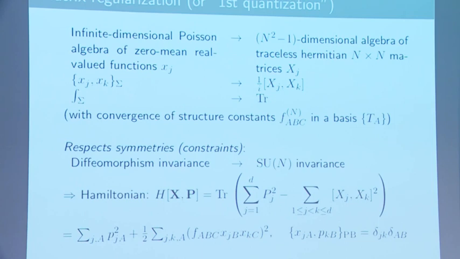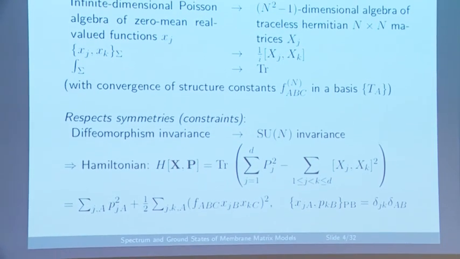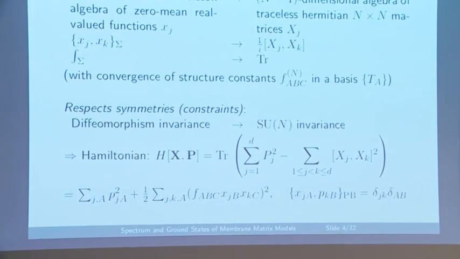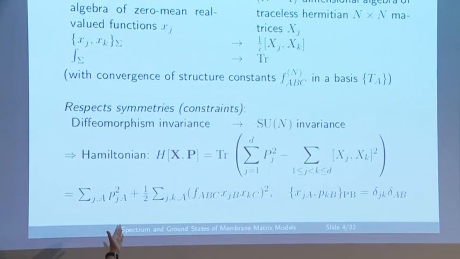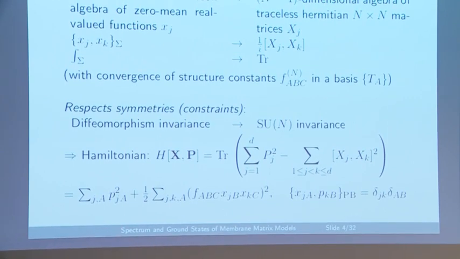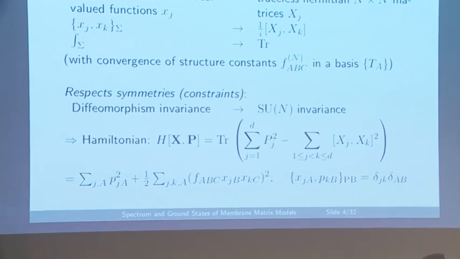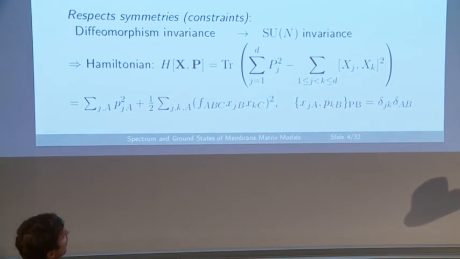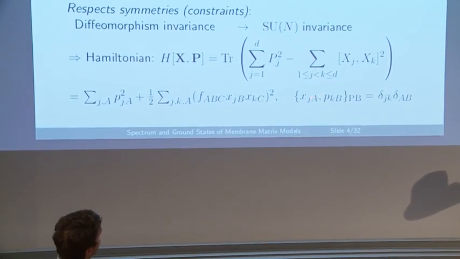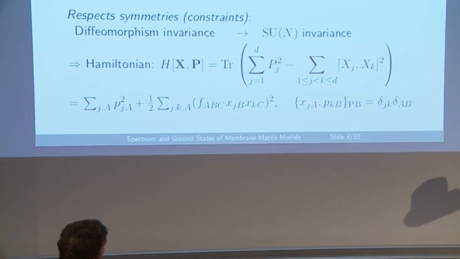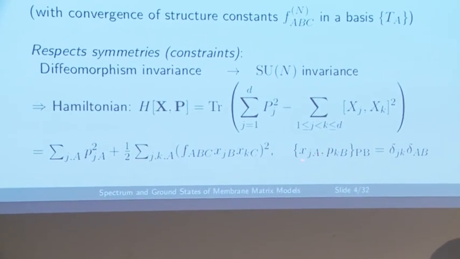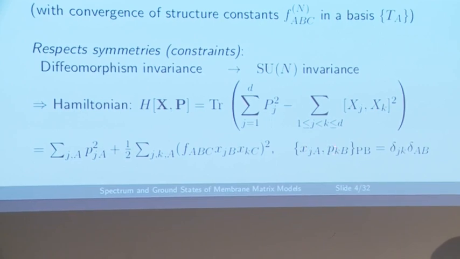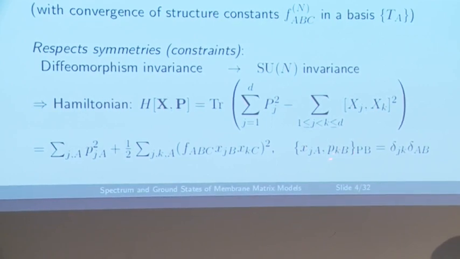And if you want to write this down in terms of a basis, say, of SU(N), some standard basis, then you have just the sum of the momenta squared, and then we have the structure constants, and so this would be the commutator squared. And then still we have the canonical Poisson brackets between the coordinate and momentum variables here. But now there are only finitely many of them.